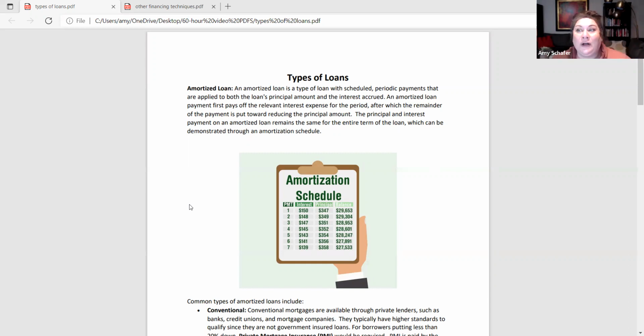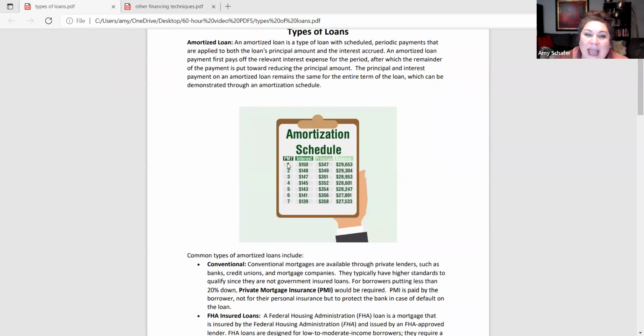But all 360 payments, the principal and interest payment is going to be the exact same every month. It's locked, it doesn't move. Your taxes and insurance might adjust, but the principal and interest remain the same through the entire term of the loan.